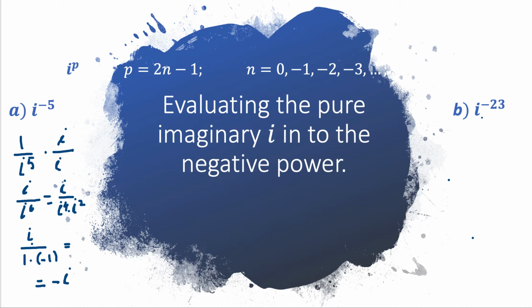But now i to the power minus 23, what can we do in this case? Let's say we can write this as 1 divided by i to the exponent 23, using this property of the exponents. This one is odd, so we have to make the denominator even.